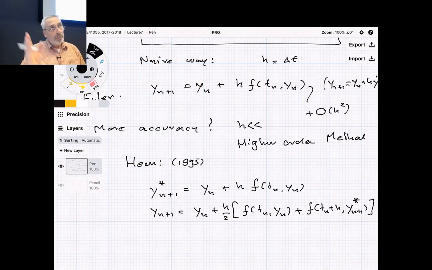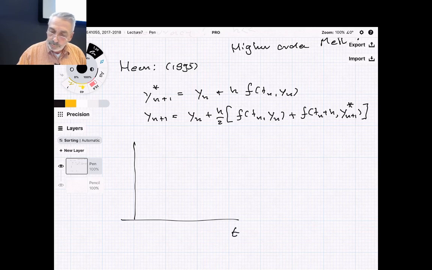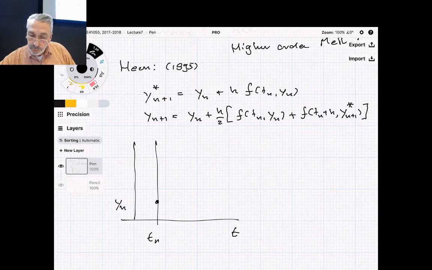So I make an estimate for the endpoint, and then I can make a picture of this. We have t, we have tn, we have this initial value yn, and then of course we have a derivative here.